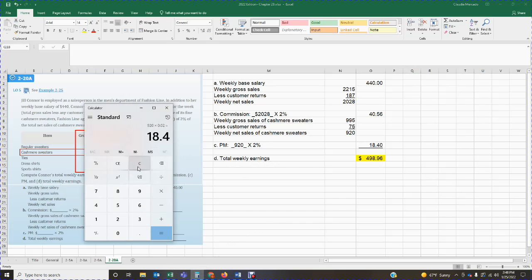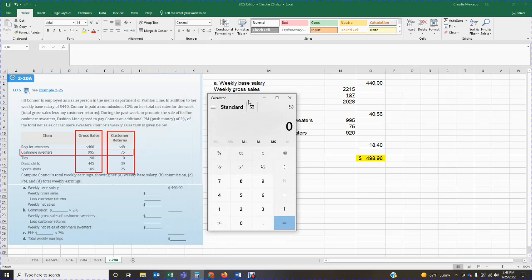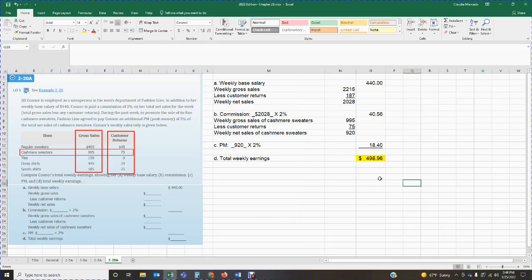And that $498.96 is, you get your weekly base salary of $440 plus your $40.56. This is your commission on your total net sales, plus $18.40 on your commission on the push money for the cashmere sweaters. And that gives me $498.96. Okay, so this is this particular problem.